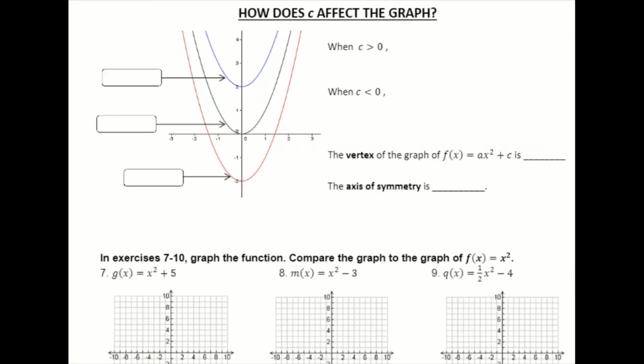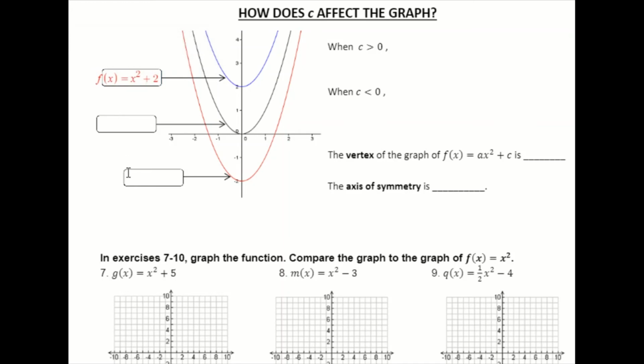So let's break that down. Notice here we've got a black parabola, a blue parabola, and a red parabola. The blue parabola has been shifted up 2 units, and the red parabola has been shifted down 2 units. So that blue parabola, assuming we know that the a value is just 1, we have f of x equals x squared plus 2.